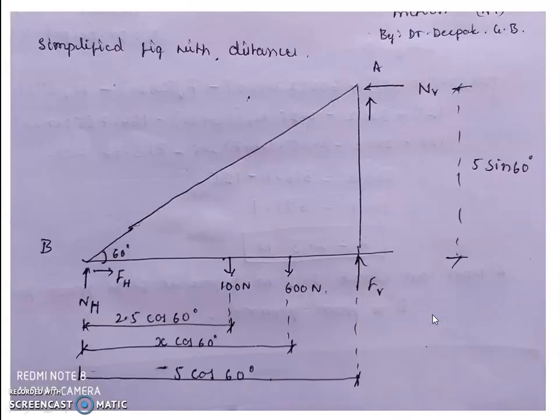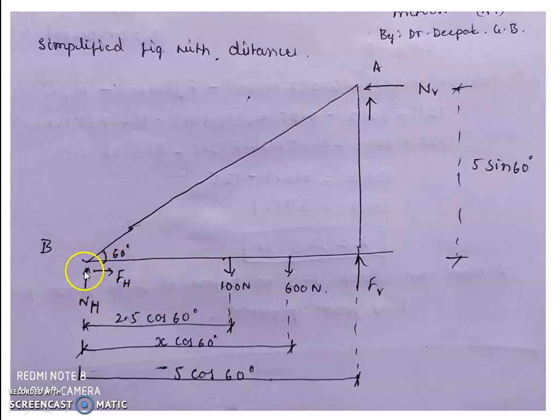In the simplified diagram we will see this. I took all the forces to the horizontal line here, and on the vertical line NV is acting. From here we will see what forces are acting.